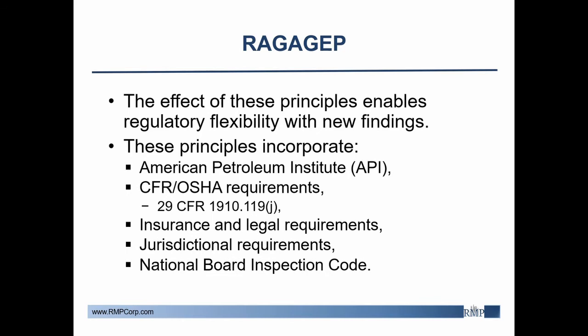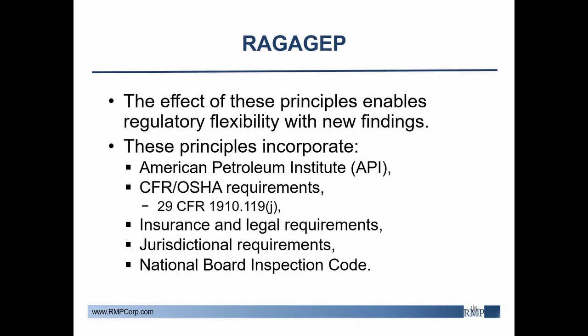RAGAGEPs provide guidance on engineering, operating, or maintenance activities based on established code, standard, published technical report, or recommended practice. Many of these documents were developed after obtaining broad industry and expert public technical input, and many were accepted by consensus of industry and technical organizations.